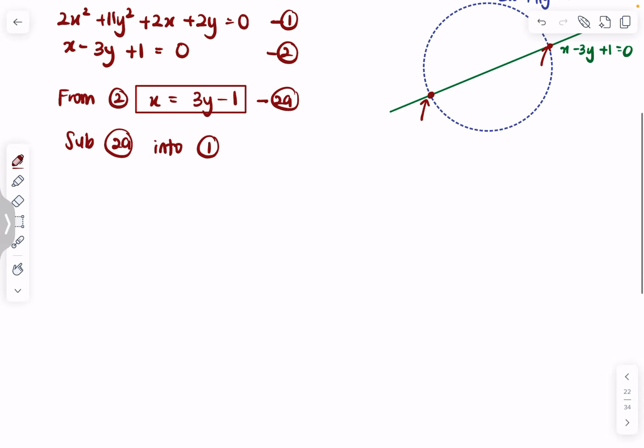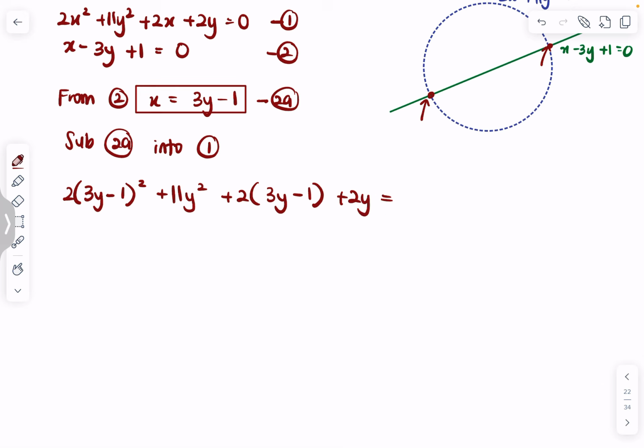So 2x square plus 11y square plus 2x plus 2y equals 0. Then we expand this. Here you have to expand the square first.